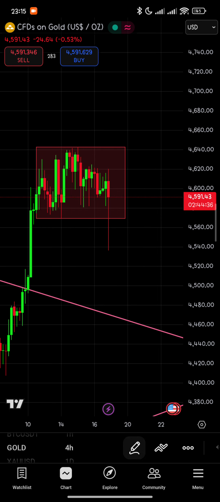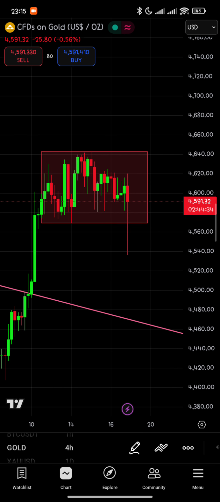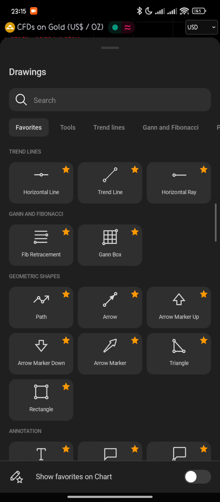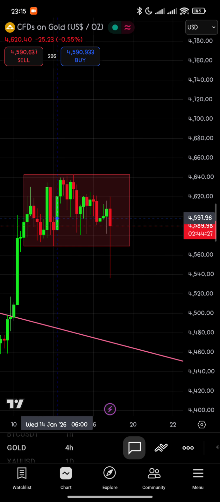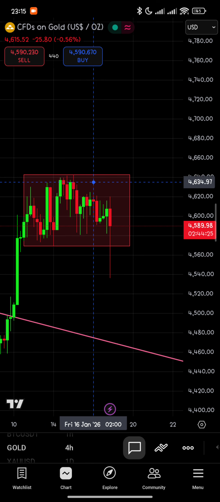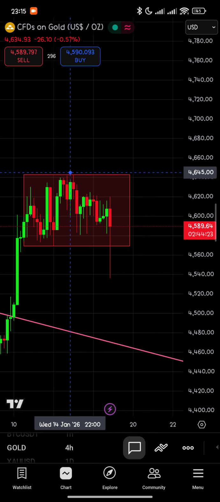So by causing people to believe that, people will start waiting to buy at the bottom of the box or sell at the top of the box, right?